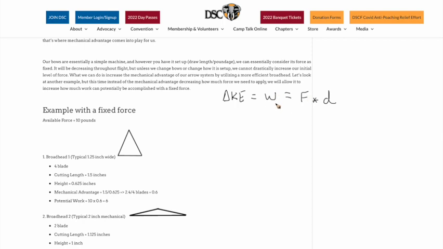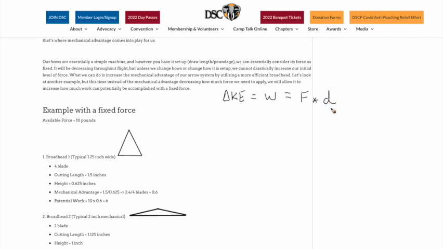So to keep the same W, if you make D bigger, the only way you can do that is by making F smaller. Because whatever we multiply these two together, we have to get this W, and that's the maximum amount of work that we can do. So what we want to do is decrease the force by as much as possible for penetration. And if we make our penetration force as small as possible, then in principle that should increase the penetration depth.